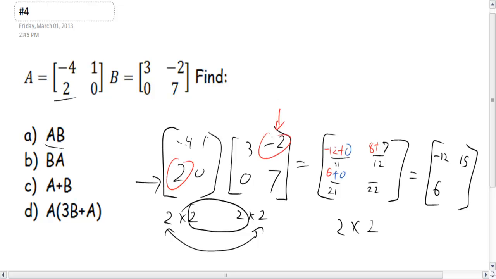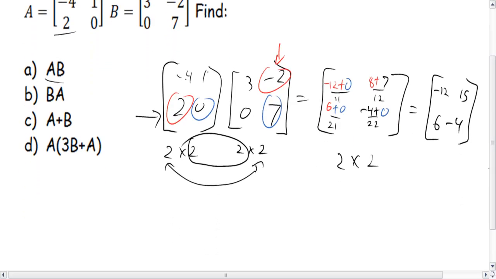So 2 times -2 makes -4. Then I add that with my next entries, 0 and 7, which gives 0. So that gives me a result of -4. And there you go. The process for multiplying: remember it's always rows by columns, and you multiply each element and then add the elements together to get your answer.